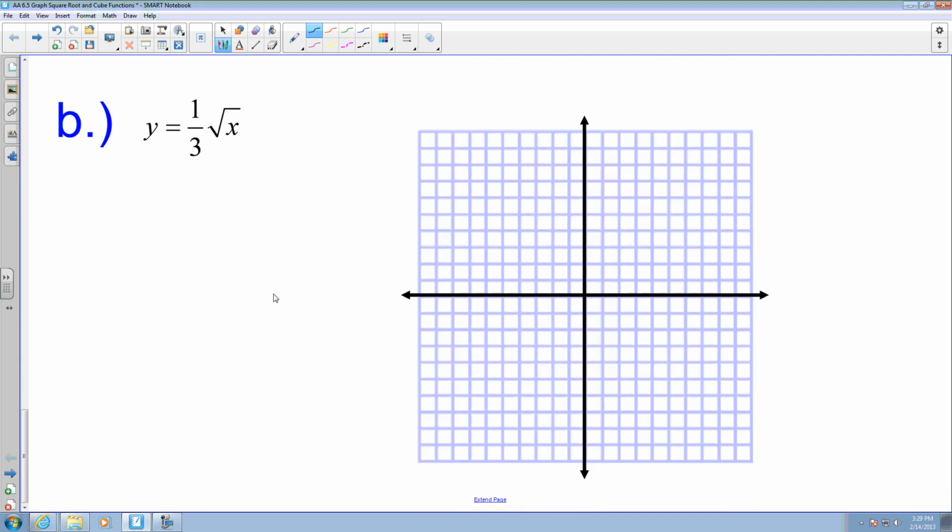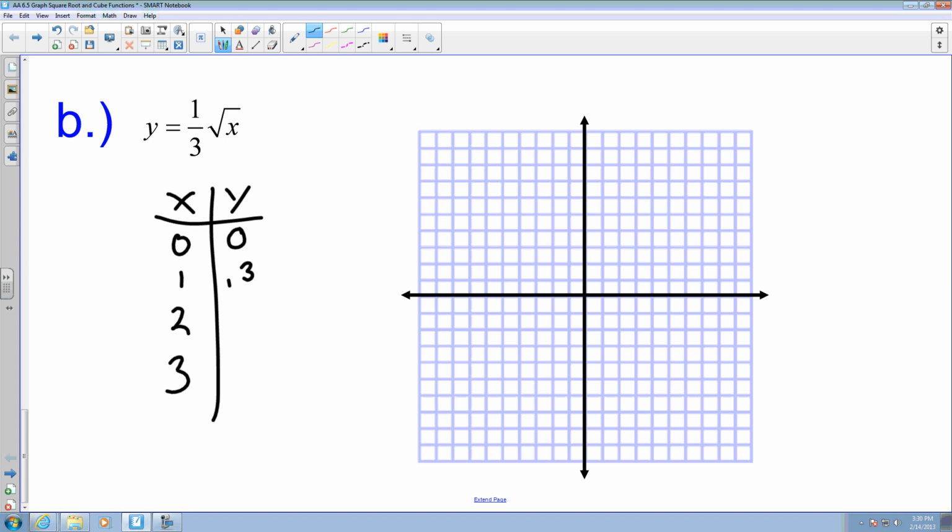Same thing for b. Can't use any negative values for x, so I'm going to use the same 0, 1, 2, and 3 to help me out. If x is 0, my y will also be 0. If my x is 1, my y would be like 1/3. Let's just say it's 0.33. If my x is 2, my y will be positive 0.47.